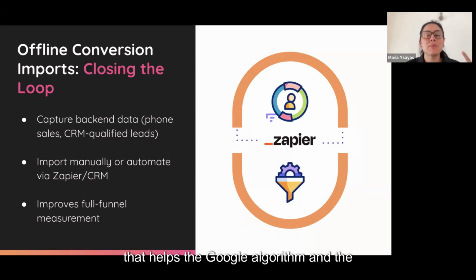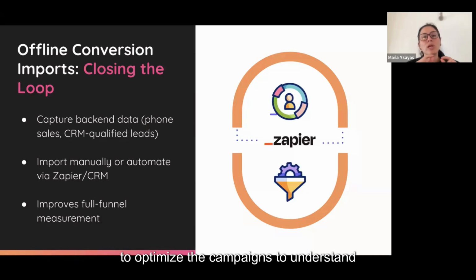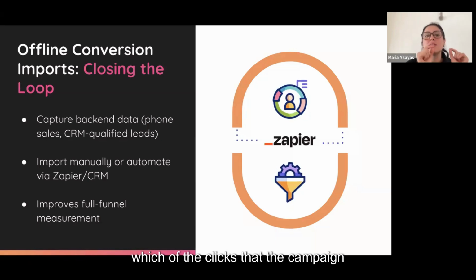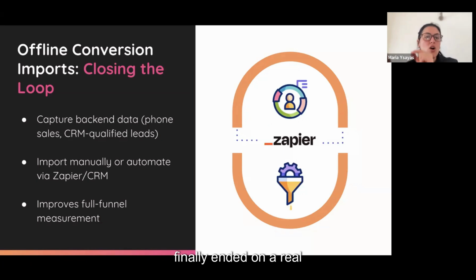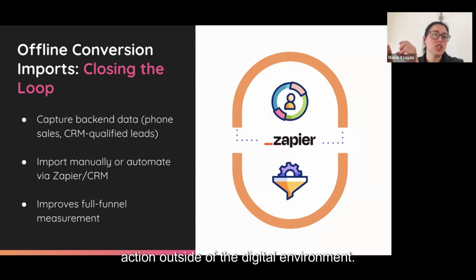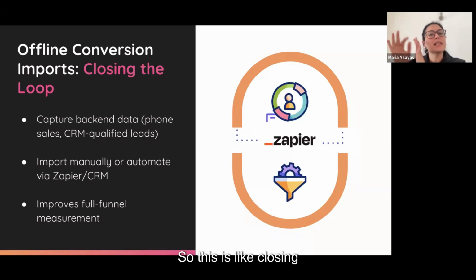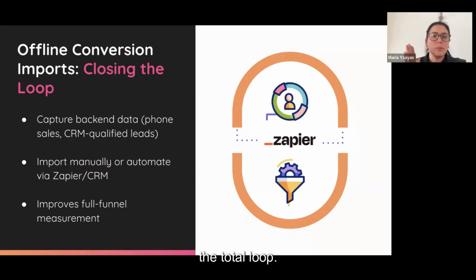That helps the Google algorithm and the PMax algorithm to optimize the campaigns, to understand which of the clicks the campaign received finally ended in a real action outside of the digital environment. So this is like closing the total loop.